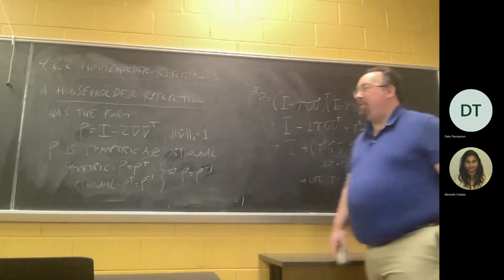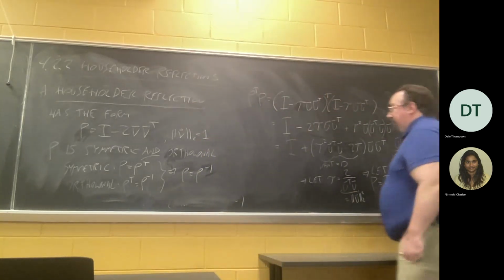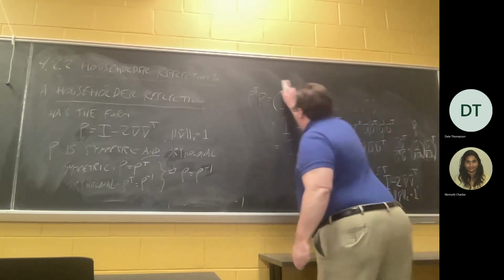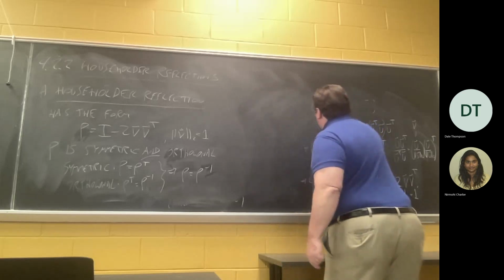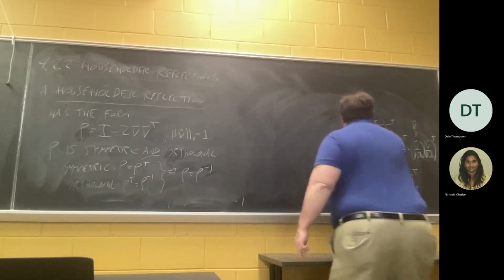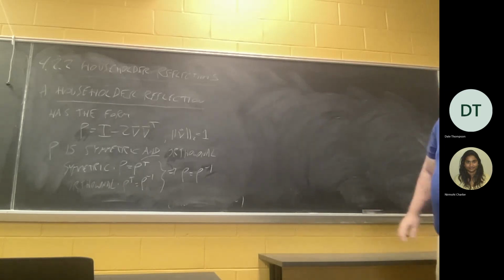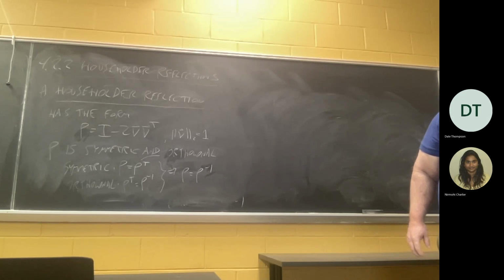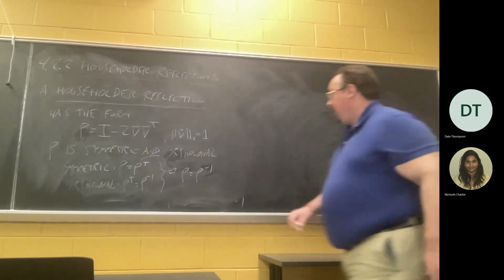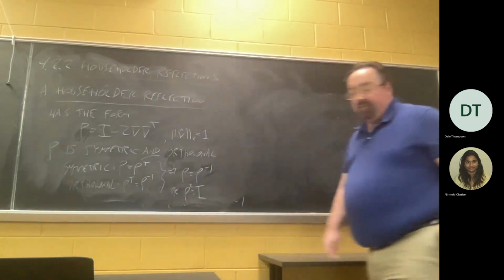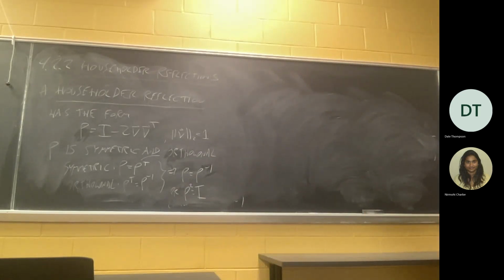A non-identity matrix being its own inverse. Equivalently, P squared is identity.